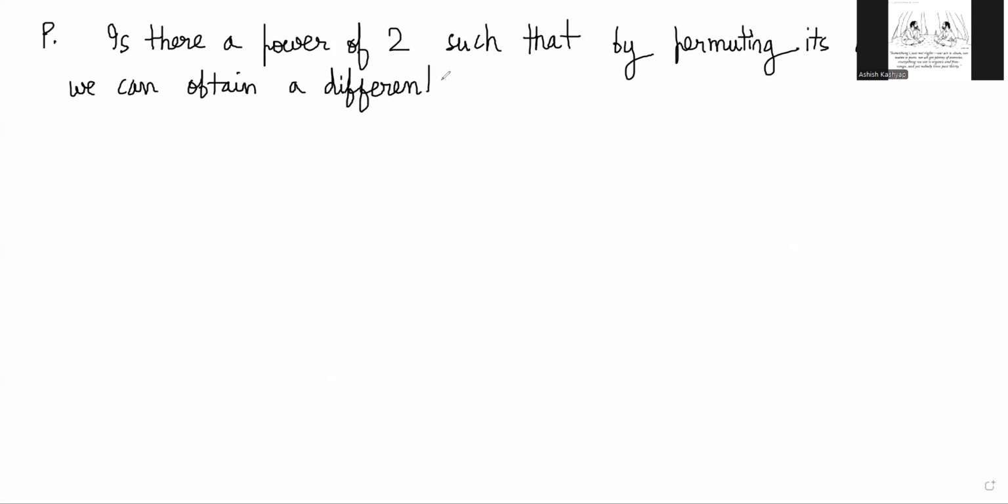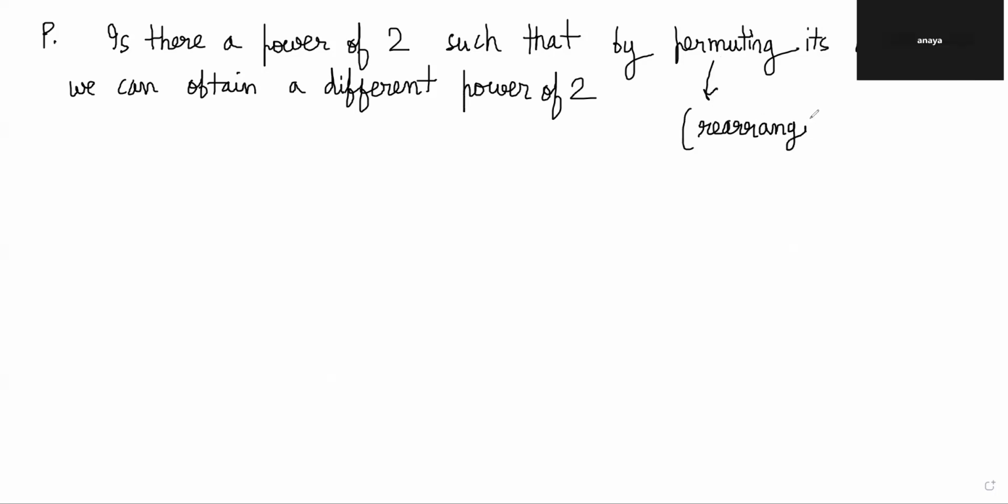Permuting basically means rearranging. So there is some number which is some power of 2. Can we rearrange its digits to get a different power of 2? That is the question.